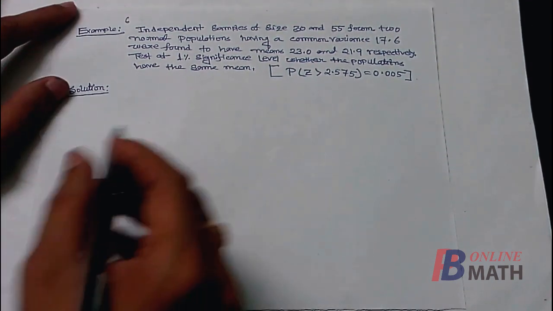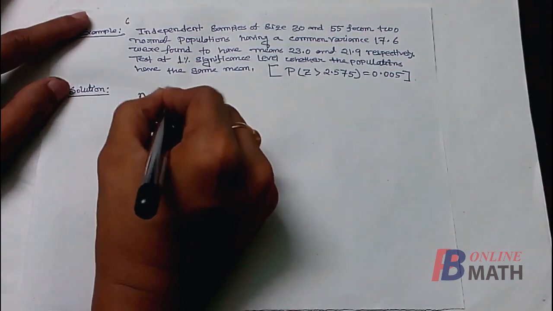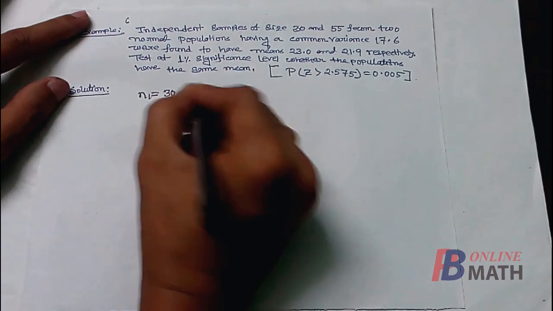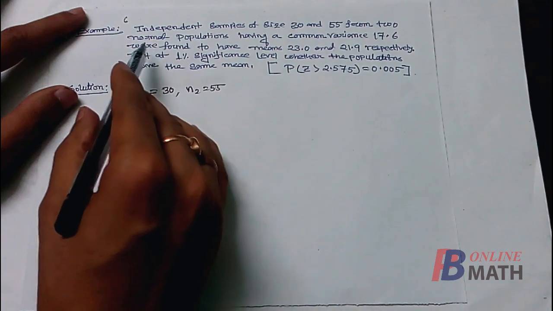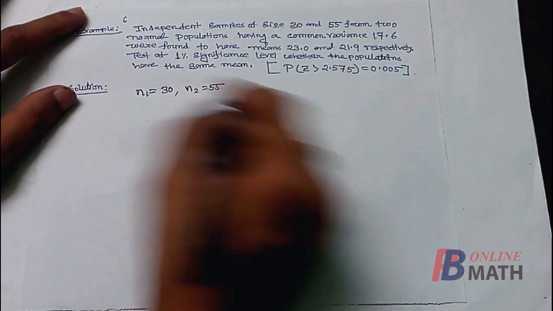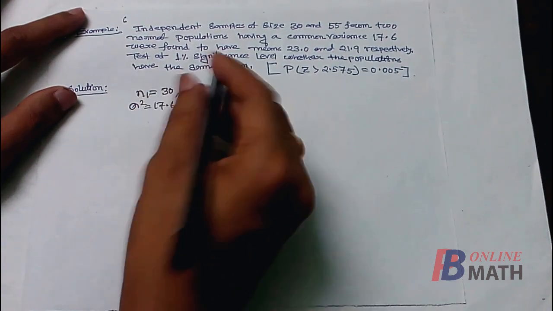First of all, we write the data. The sizes of the two samples are 30 and 55. It is given that the population is normal with a common variance 17.6, so sigma square equals 17.6. This is the common variance.